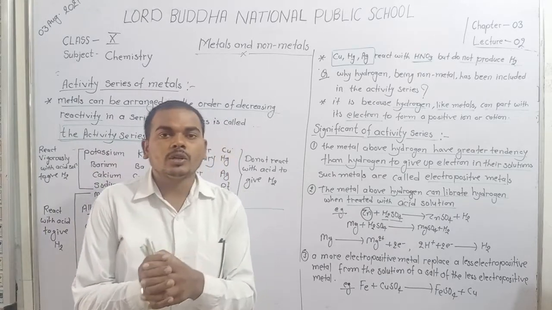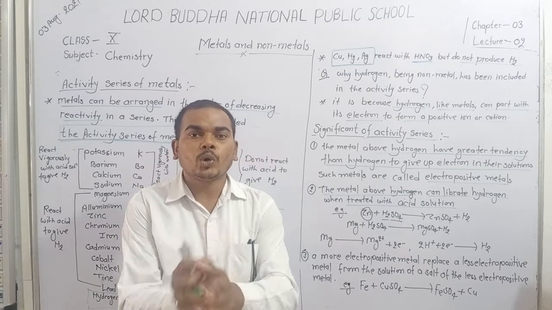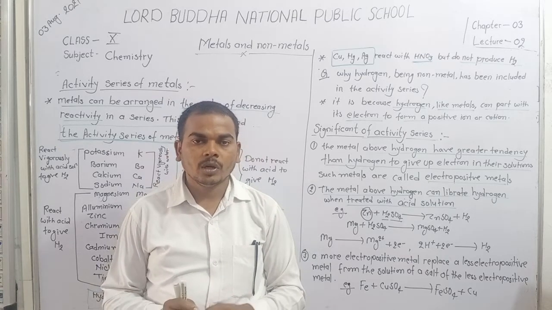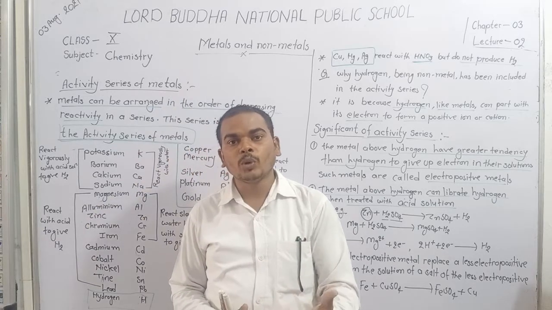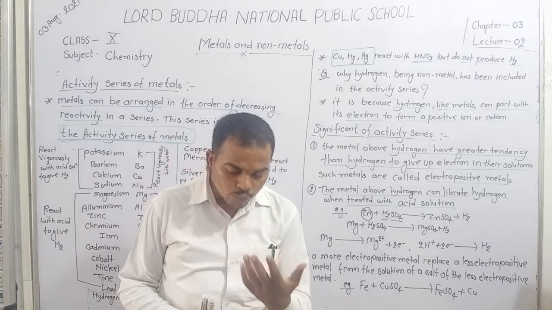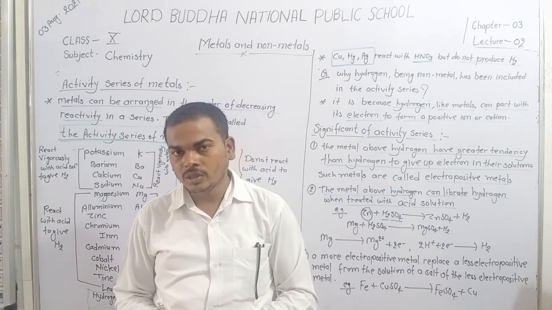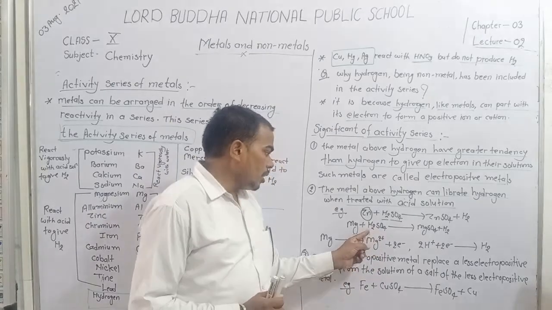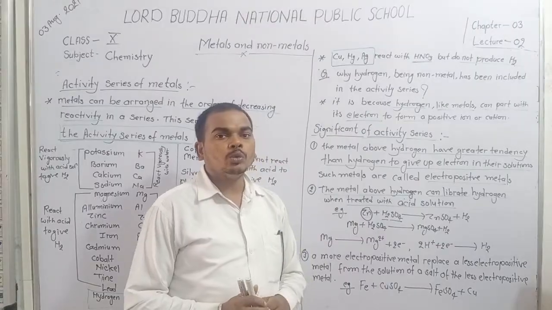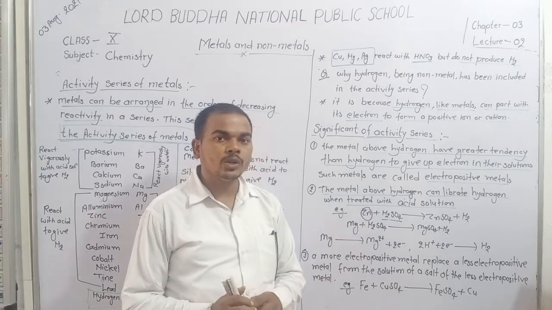You know from the previous chapter that acids are chemicals which lose their protons. Acid always loses protons, or we also say acid loses H plus ions. Here sulfuric acid has 2 H plus; the basicity of sulfuric acid is 2.